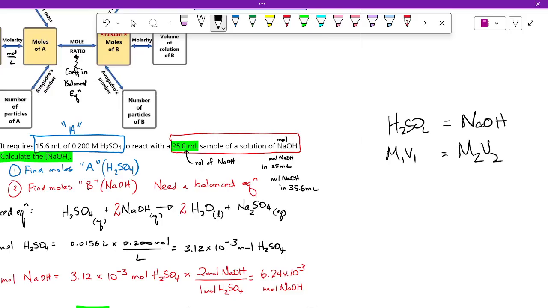Yes? That would mean that our moles of H2SO4 was equal to our moles of NaOH. Is it true that moles of H2SO4 are equal to the moles of NaOH? No. Okay. So just don't use it ever. Never for titrations. This is a dilution equation, not a titration equation.